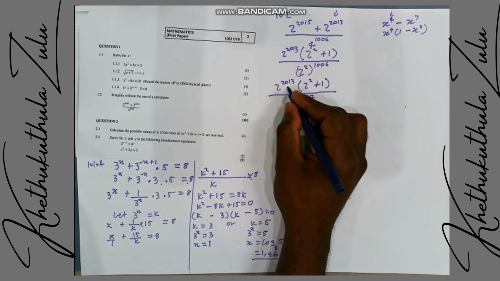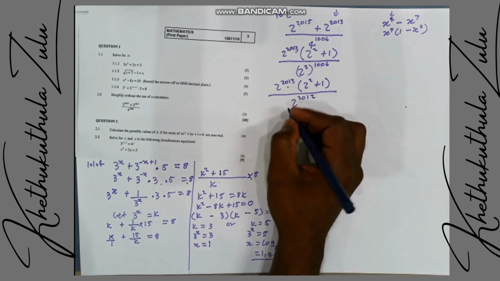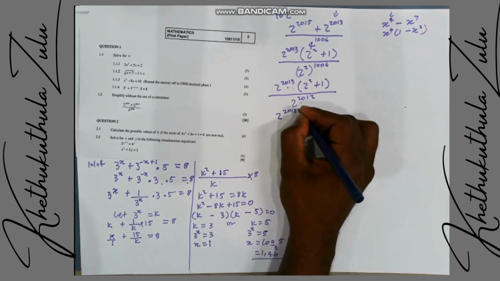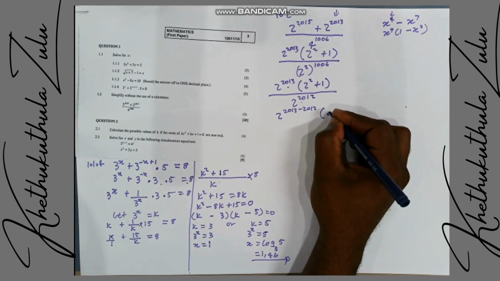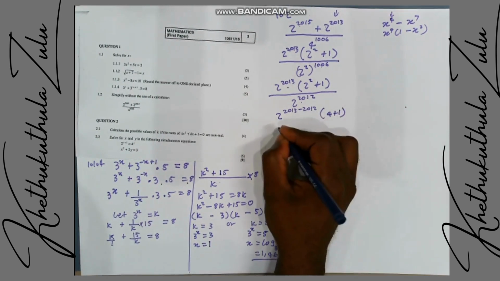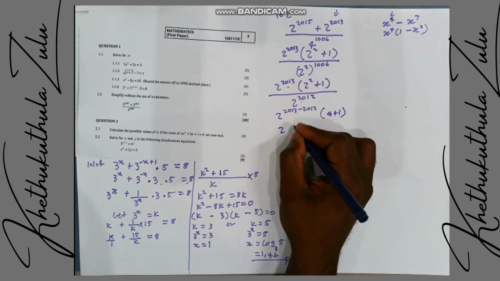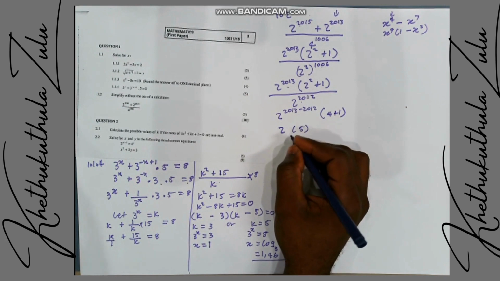And from here and here, we just use the exponent rule. Same base here, so we just take one base, 2^(2013 minus 2012) into (4 plus 1). 2013 minus 2012 is just 1. 4 plus 1 is 5. 2 times 5 is just 10.